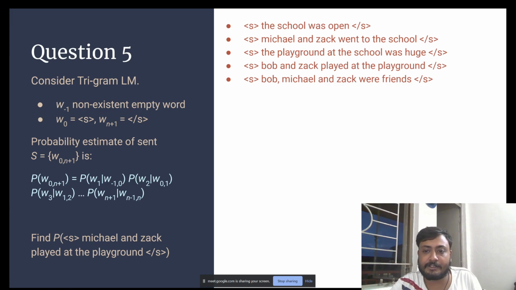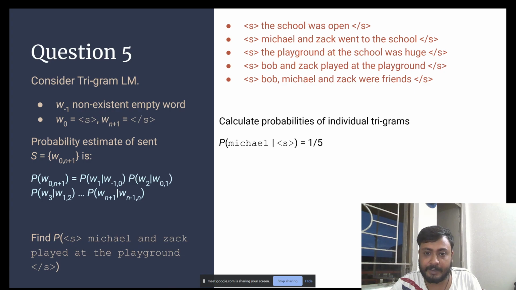Okay, let's go over it slowly. You need to calculate the probabilities of every individual trigram. You look at this sentence S which they have given you. You need to calculate the probability of every trigram in this. So quickly, W0 is this one, W minus 1 is the imaginary word and W1 is Michael. When we try to calculate this probability, the first term is P of W1 given W minus 1, W0.